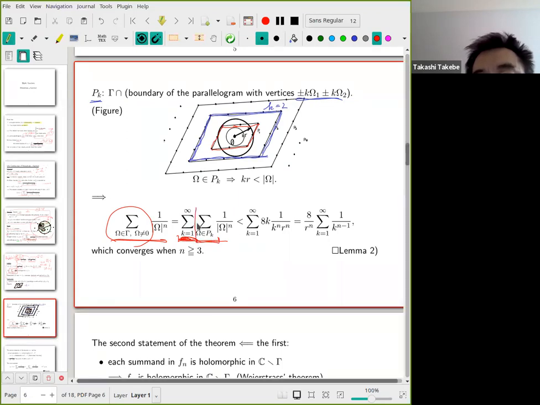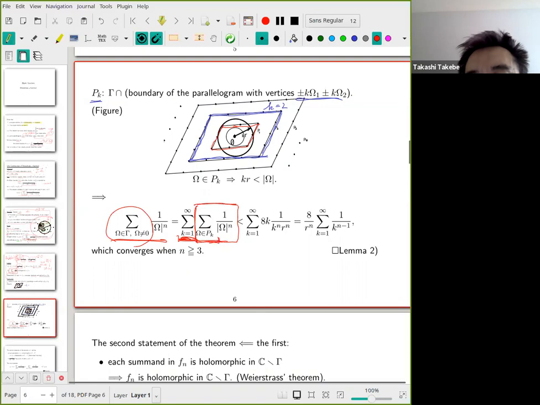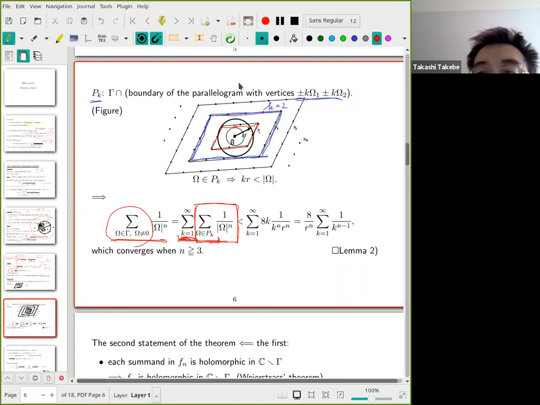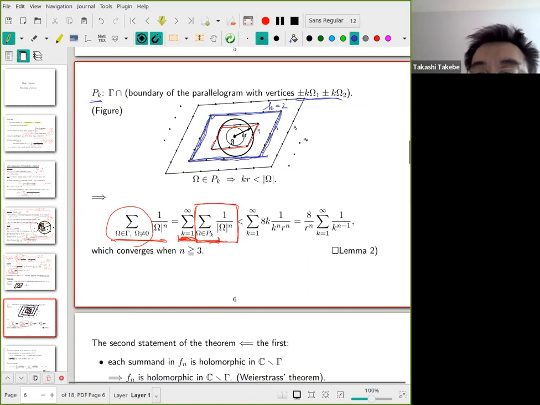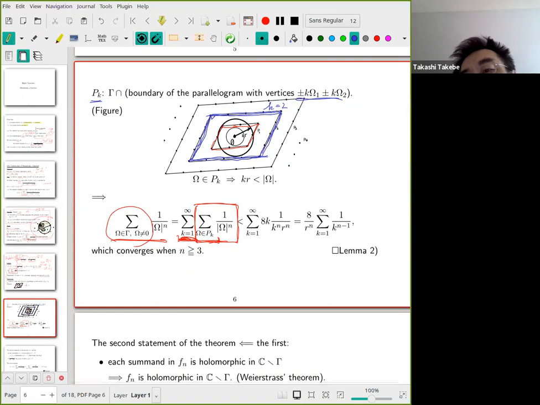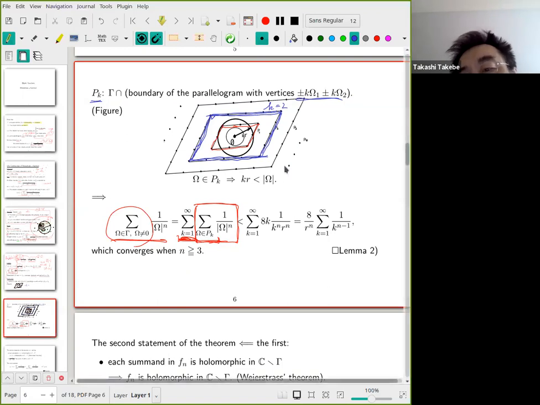Then, let's see. Take this partial sum. On this large parallelogram, there are 8k lattice points.